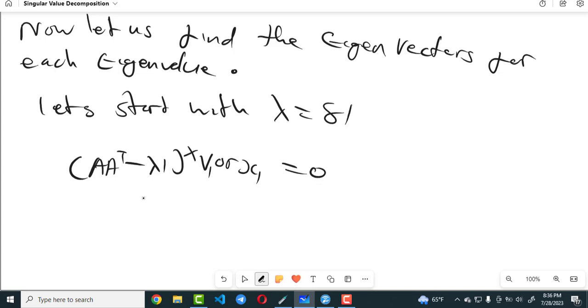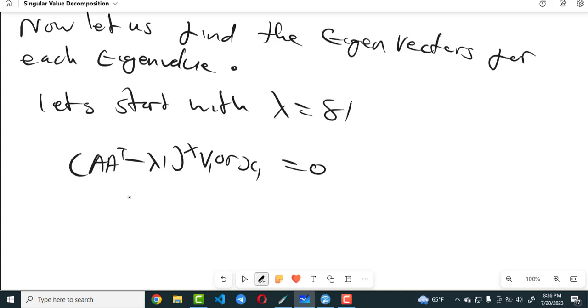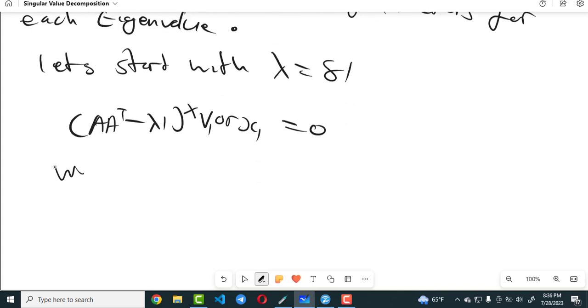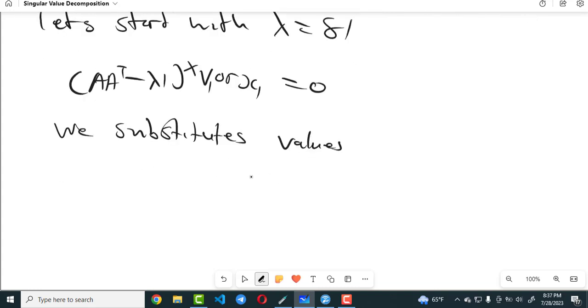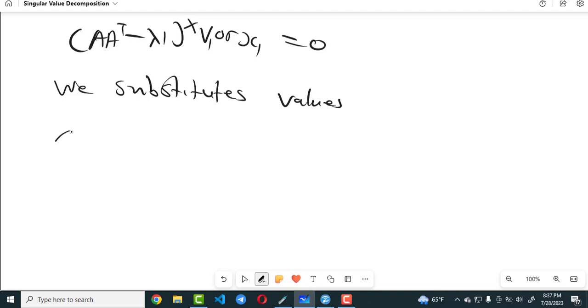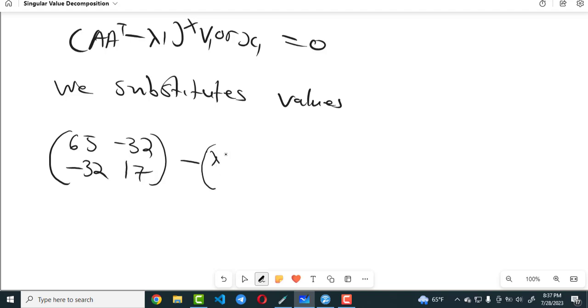So now let us make a substitution. We substitute values here. On our matrix AAT it's 65, minus 32, minus 32 and 17, minus our identity matrix, which is lambda, 0, 0, lambda, times our vector 1.